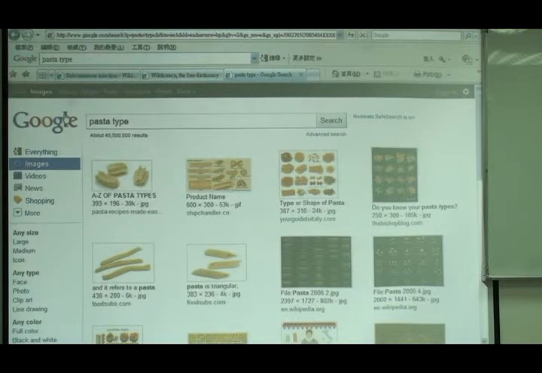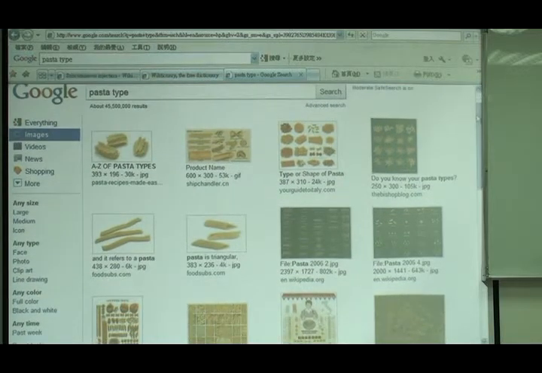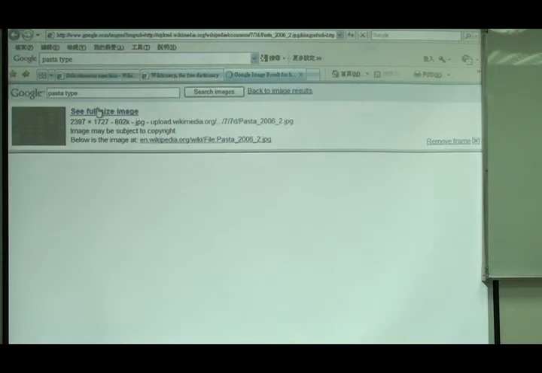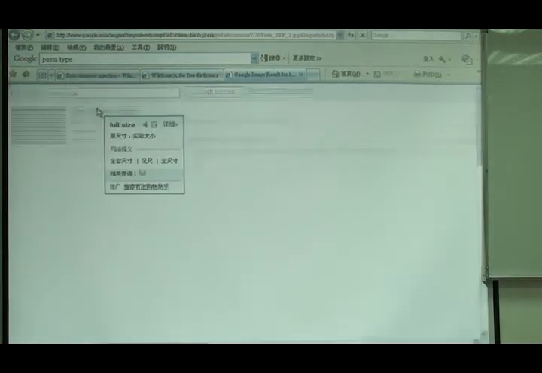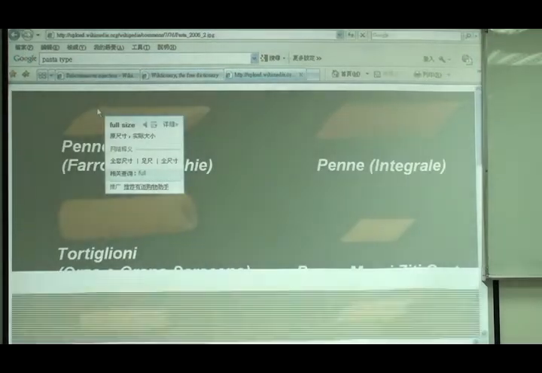You can study this at home if you want. The thinnest one, thin like a hair, we call angel's hair. You know spaghetti, the normal noodle.